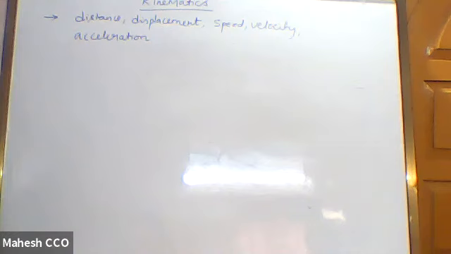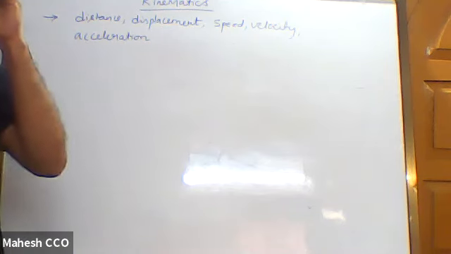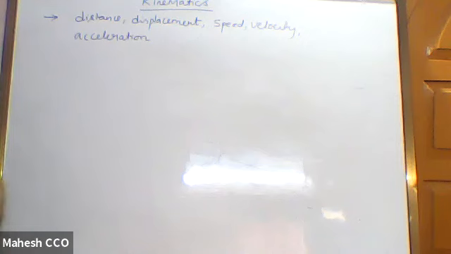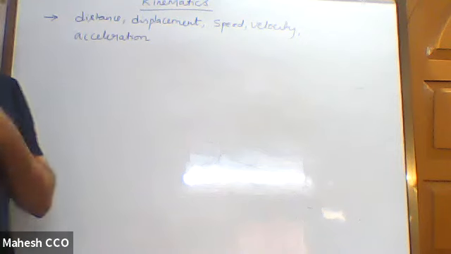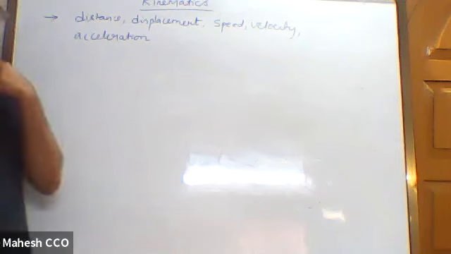Distance, displacement, speed, velocity, acceleration, all these are some variables which we use in order to describe motion.